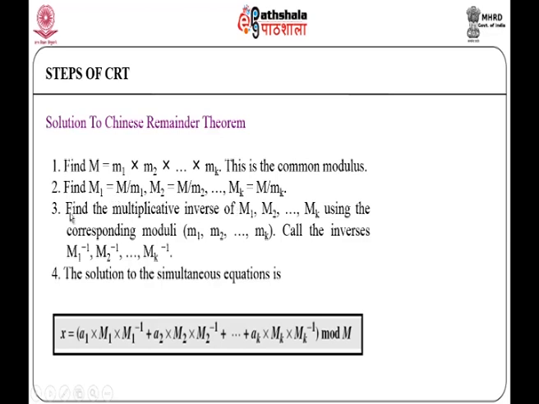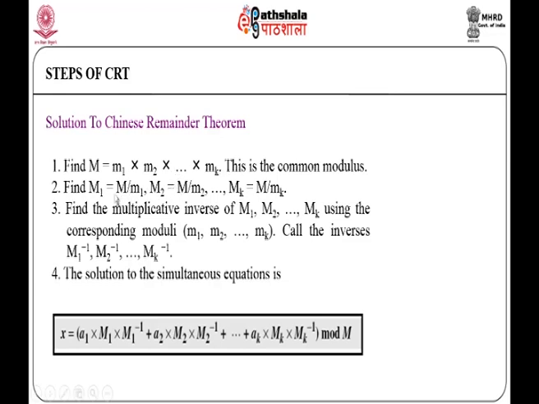Then step 3: find the multiplicative inverse of M1, M2, M3 and Mk using the corresponding moduli smaller m1, smaller m2, which we call the inverse of capital M1, inverse of capital M2, and so on. So, the third step helps you find the multiplicative inverse of each modulus which divides the common modulus.